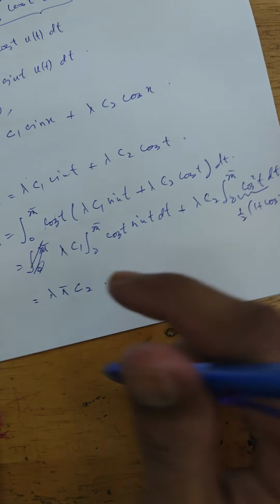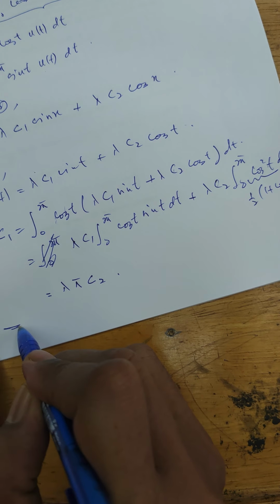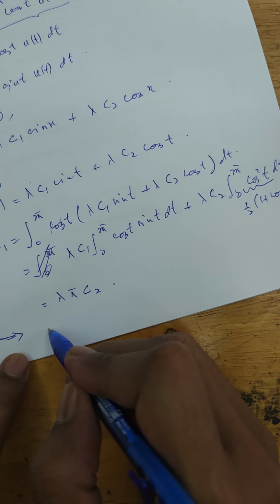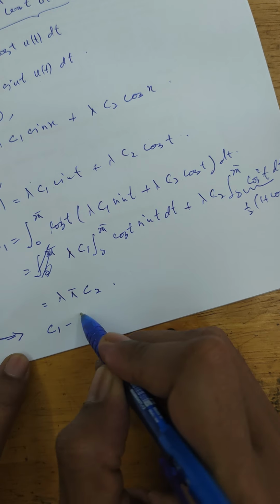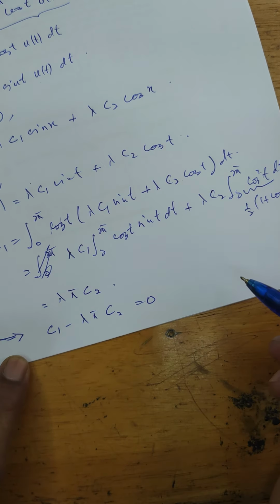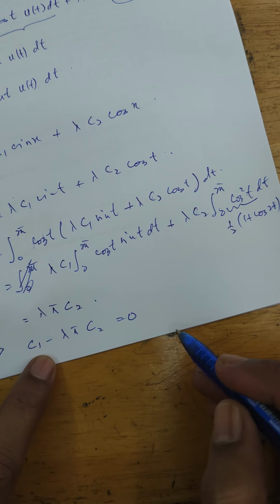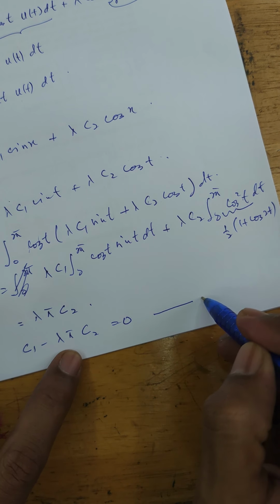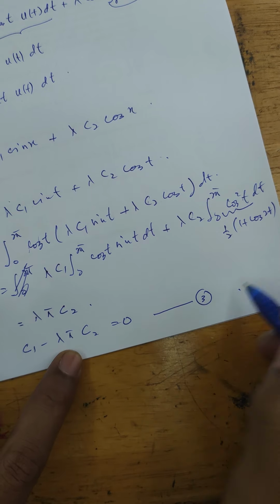Now from that I can write this equation as c1 minus lambda pi c2 equal to 0. So let's call this equation number 3.